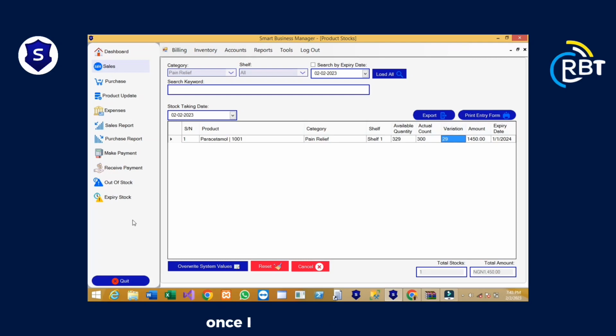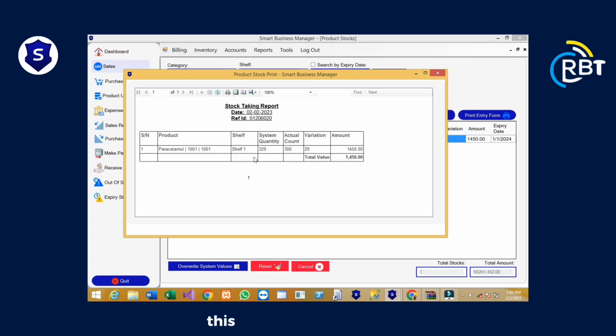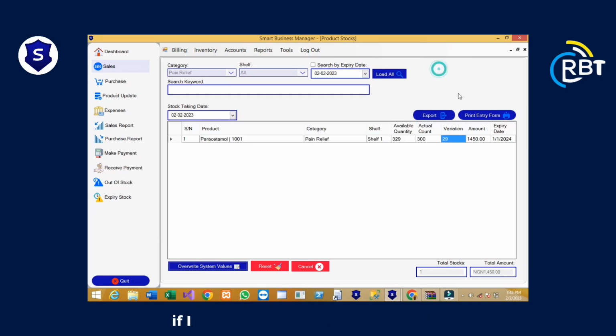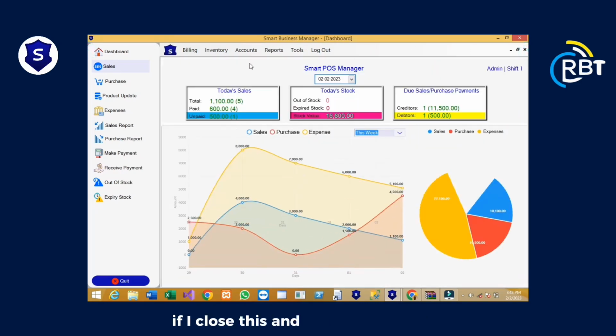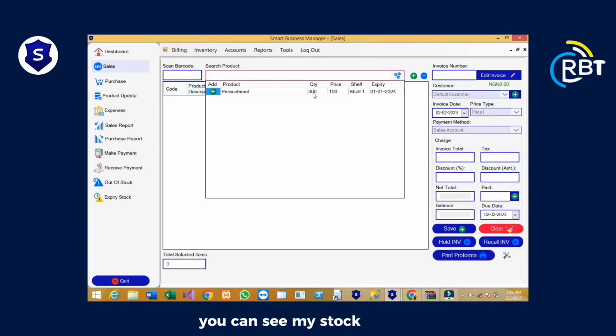So once I click and overwrite this, what is it going to give me? It's going to give me a report, right? This is my stock taking report. You can see 300 instead of 329, I have 300, and this is the difference, and this is the amount, right? So if I close this and check my stock again, you can see my stock now is 300. So I balance the stock and I'm able to find out what the issues are.